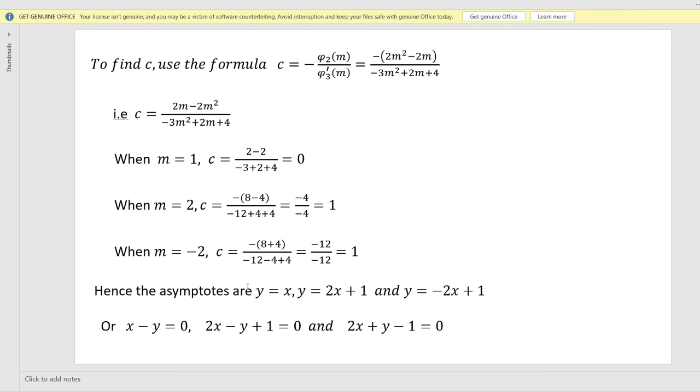So hence the asymptotes are y is equal to m into x plus c: y equals x plus 0, that is x, 2x plus 1, and minus 2x plus 1. So these are the asymptotes.